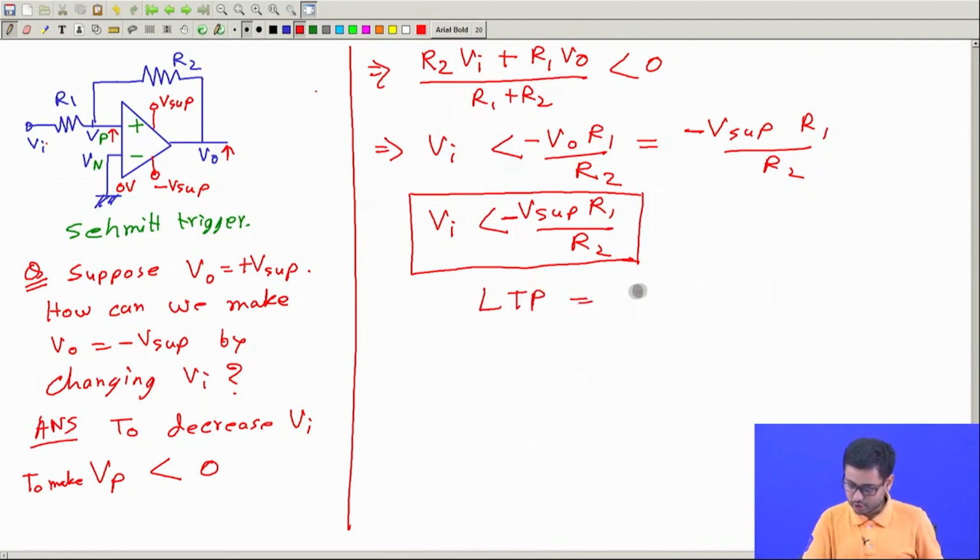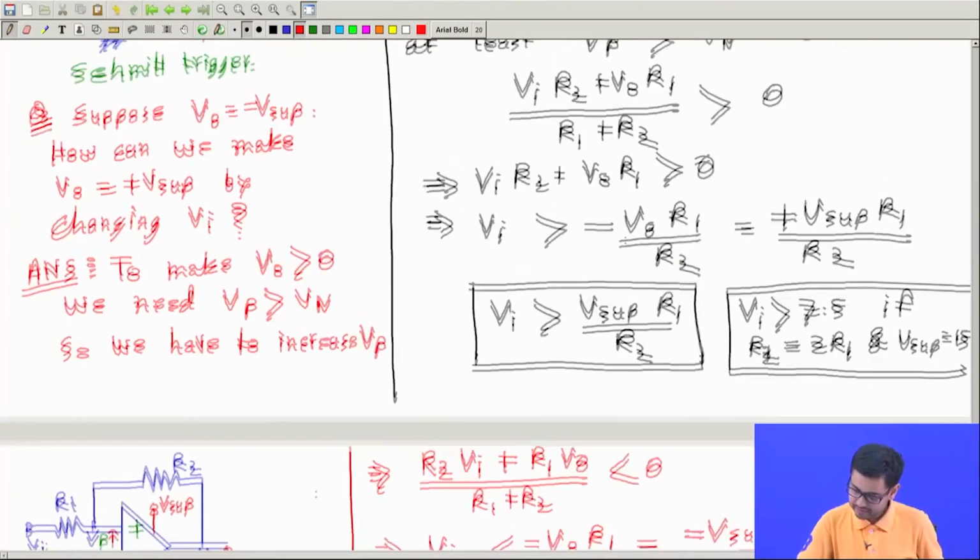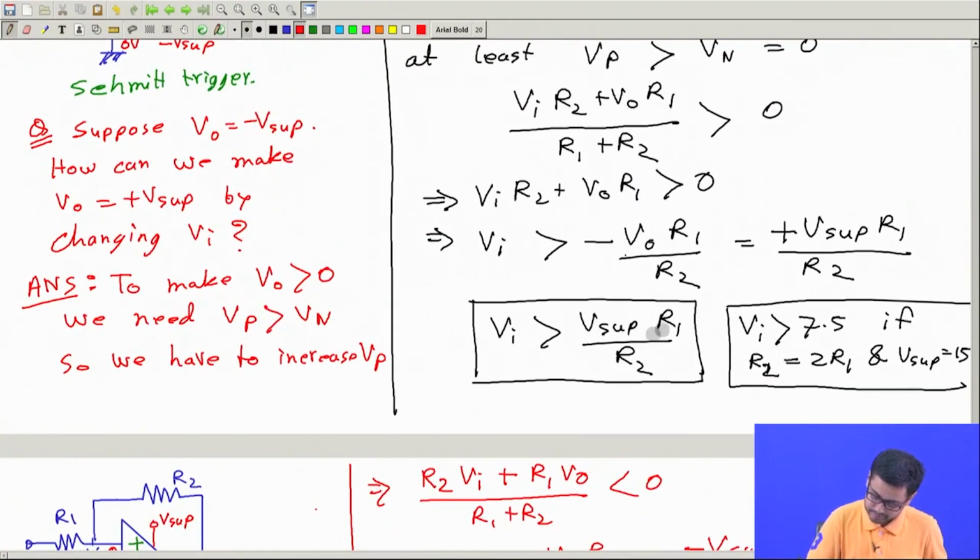LTP is equal to minus V supply R1 by R2, and this value I will call upper trigger point.